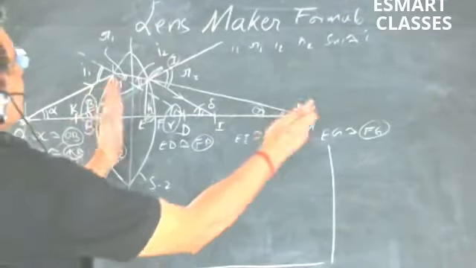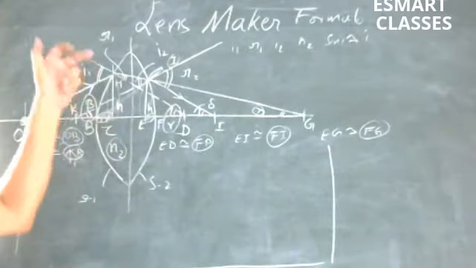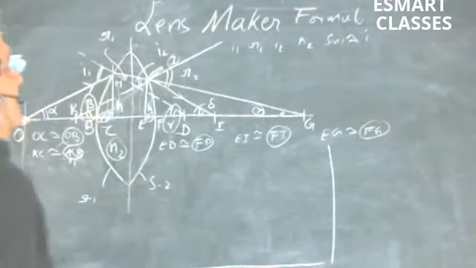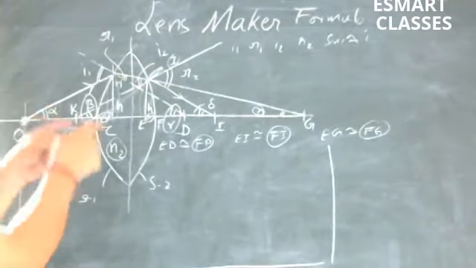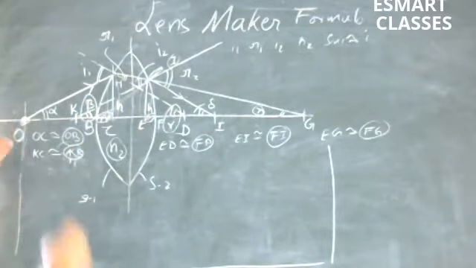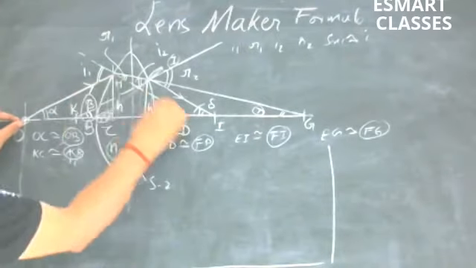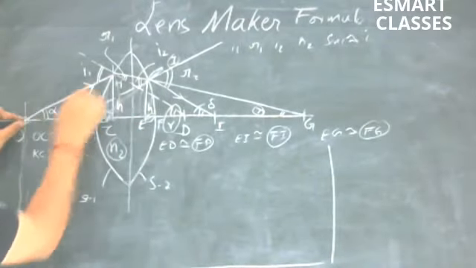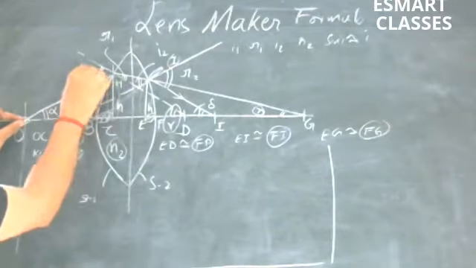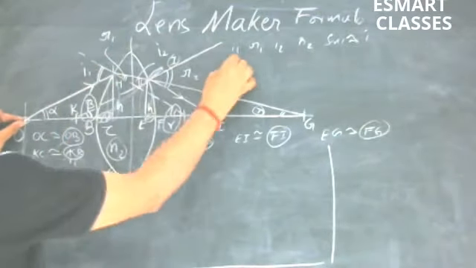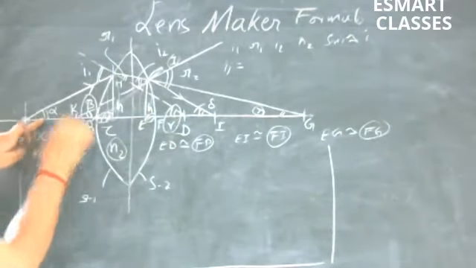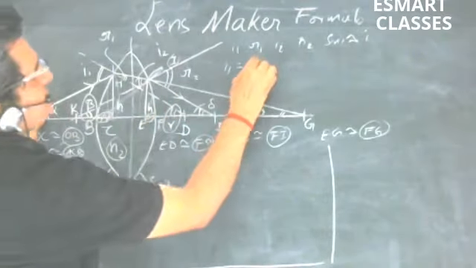Similarly, when we take that side, please see that in one triangle we cover I2, and in the other triangle we cover R2. Both these angles have to be covered in different triangles. Now, if we take this triangle, OHD, I1 is the exterior angle. So, I1 is equal to alpha plus gamma.